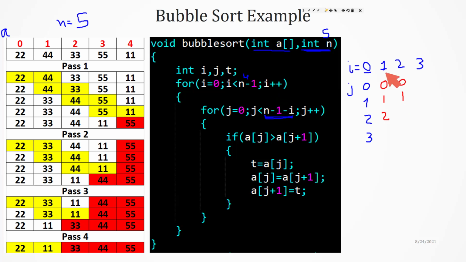So similarly, when i value is 3, n minus 1 is 4, 4 minus i, 3, that is 1. So the valid j value is only 0. If you understand this concept clearly, you can understand this algorithm very easily.